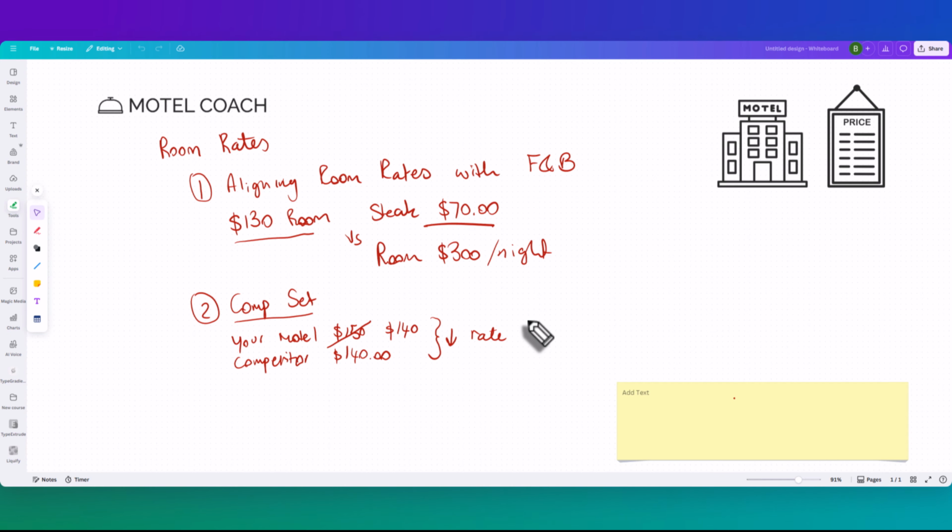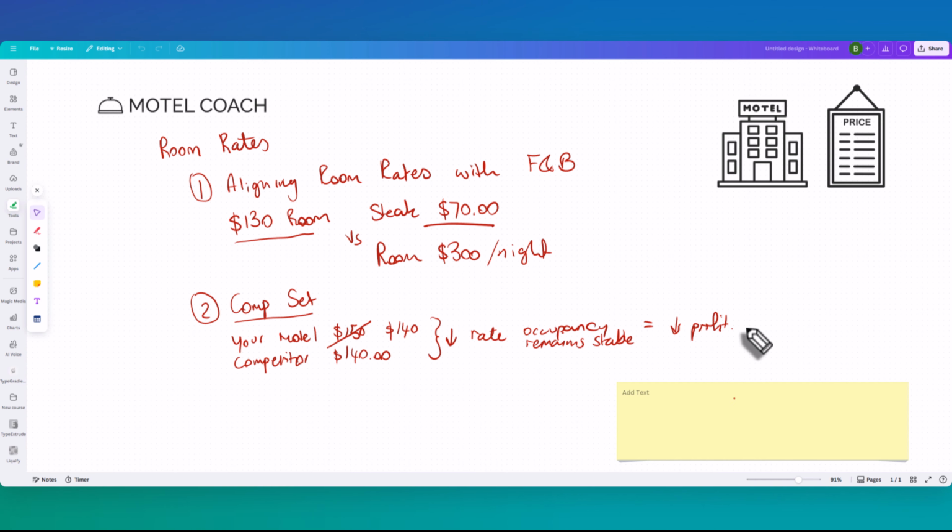You're not having increased demand in your area because you've reduced the rate. So the reduced rate, occupancy remains stable, equals reduced profit.